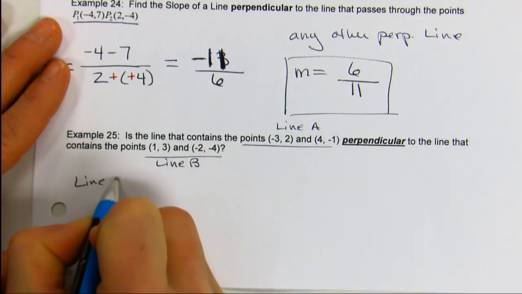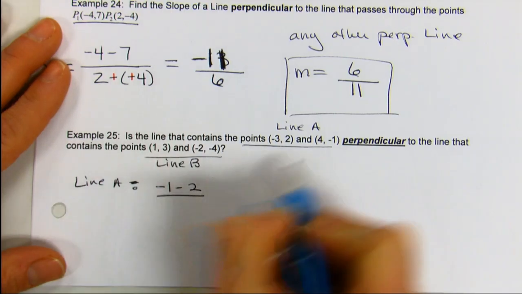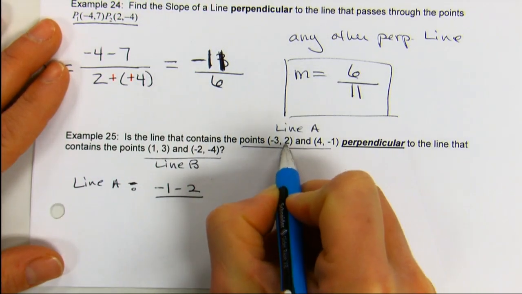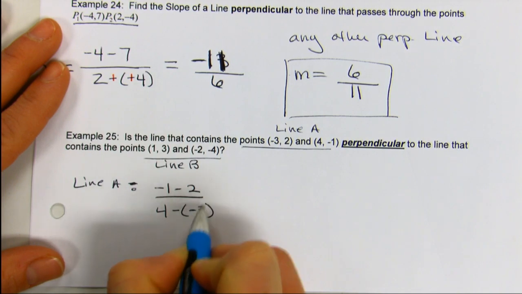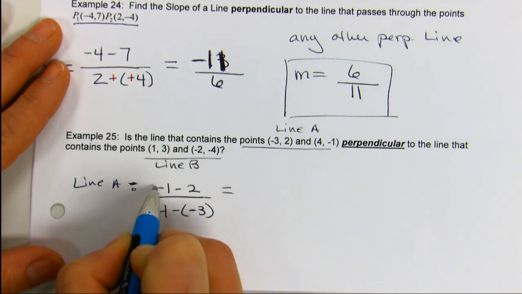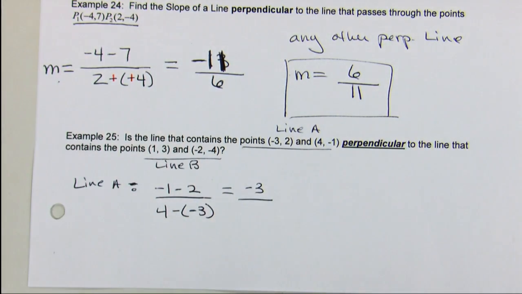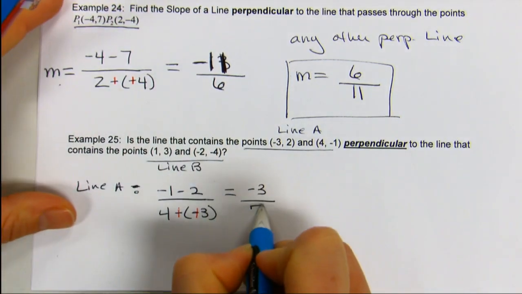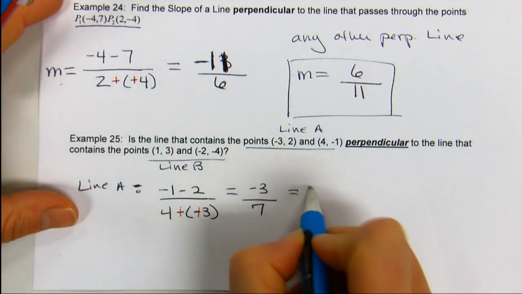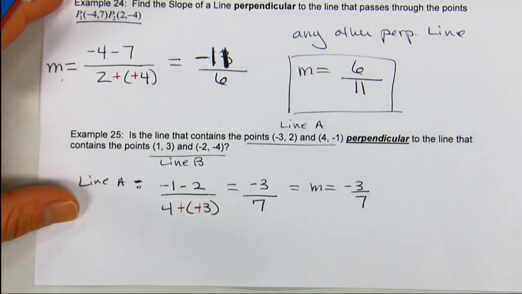So slope of line A, we take negative 1 minus 2, our second y minus our first, over our second x minus our first x of negative 3. Negative 2 and negative 1 make a negative 3, and we have a double negative on the bottom, so that would be positive 7. So the slope of line A is negative 3 over 7.